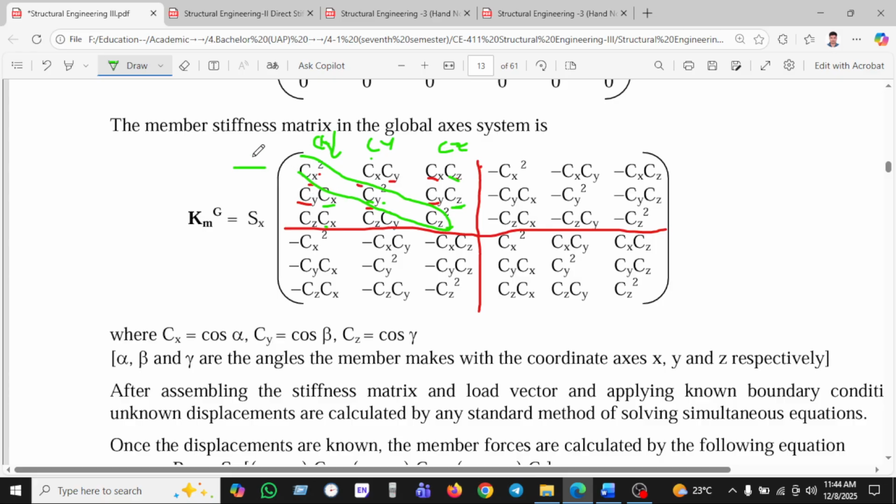The first row has cx priority, the second row is cy cx, cy square, cy cz, and the third row is cz. Here cx equals cos alpha, cy equals cos beta, and cz equals cos gamma, where alpha, beta, gamma are the angles the member makes with the coordinate axes x, y, z respectively.